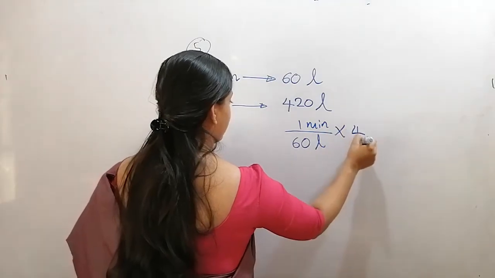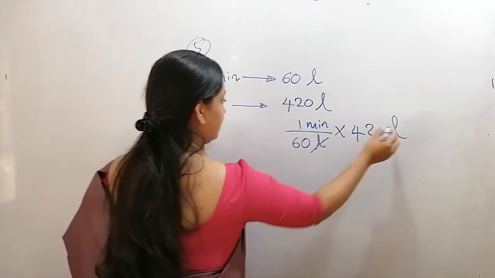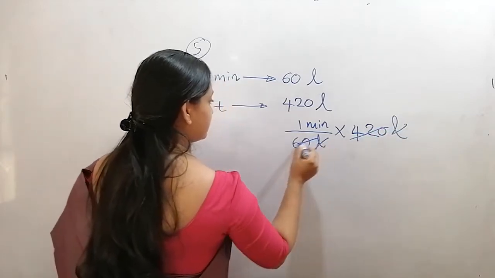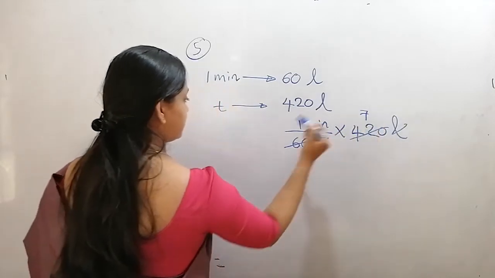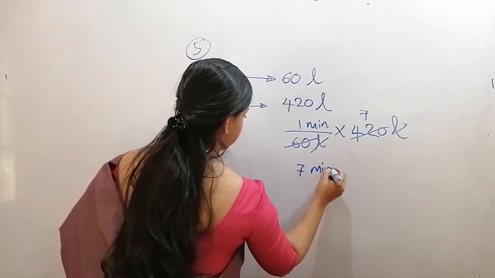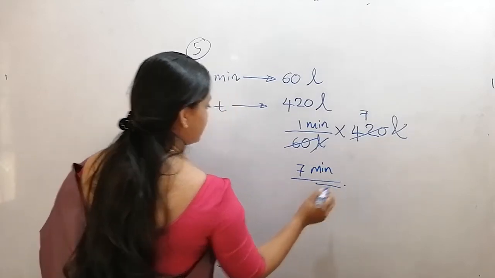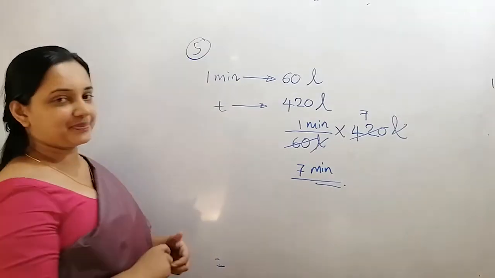Then for 420 liters, it will take 7 into 1, 7 minutes. The time taken to fill the tank is 7 minutes. This is the answer for question number 5.